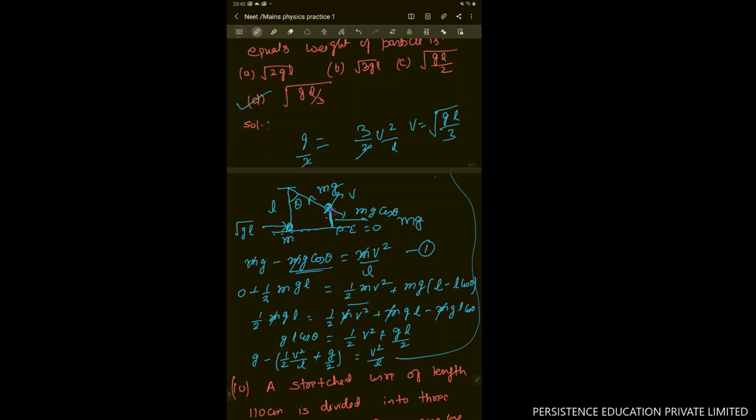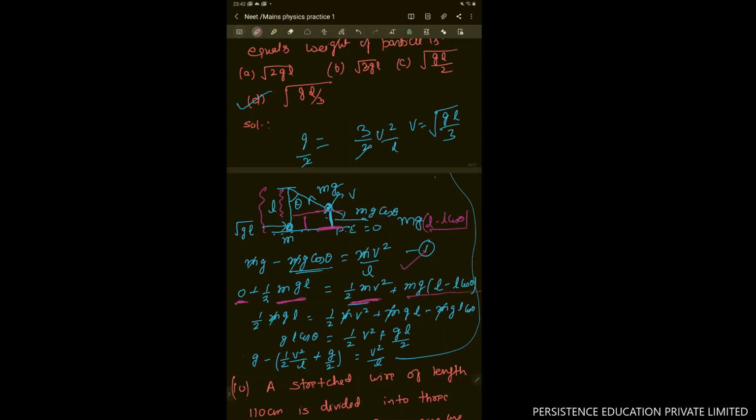This is the height we have taken, mg into this height. This total height was L and this height is L cos theta. So this height will be L minus L cos theta. So you have to be very careful. Initial potential energy, initial kinetic energy, final kinetic energy, and final potential energy.